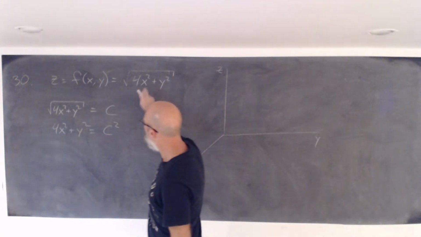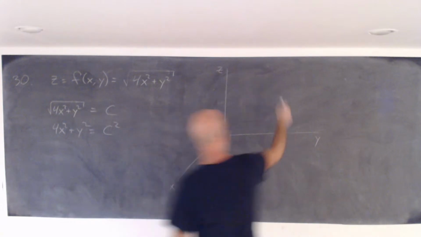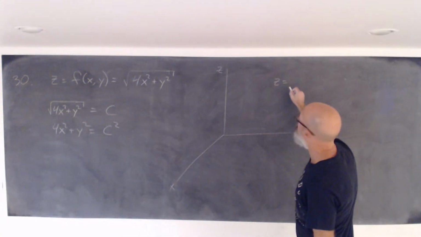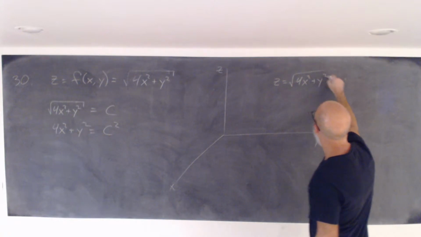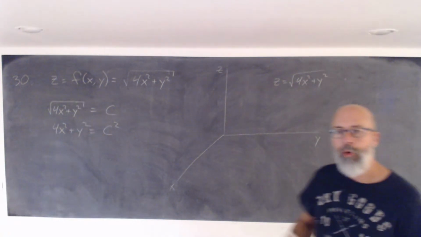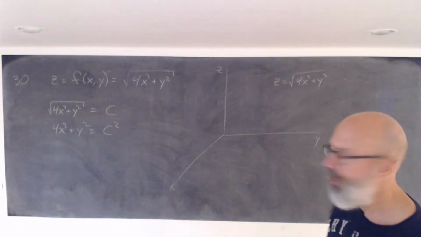So again, right, what are we graphing? We are graphing z equals square root of 4x squared plus y squared. Let's graph it in the xz plane.